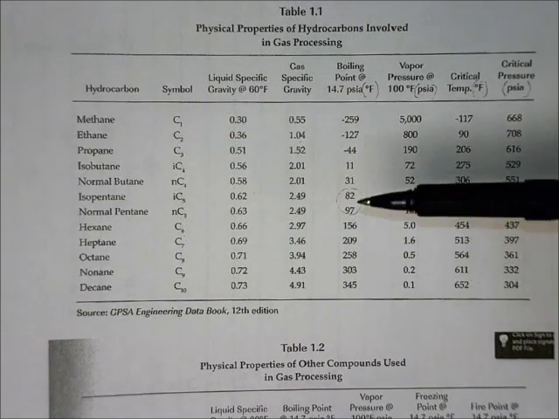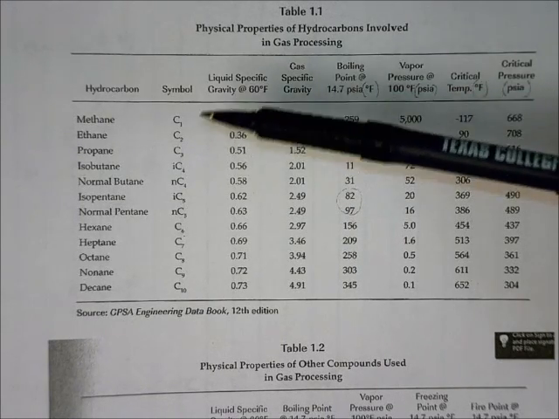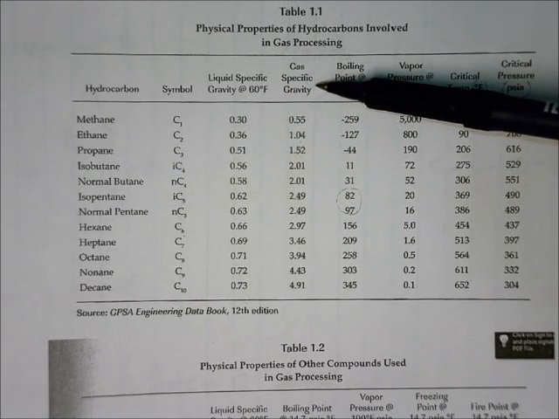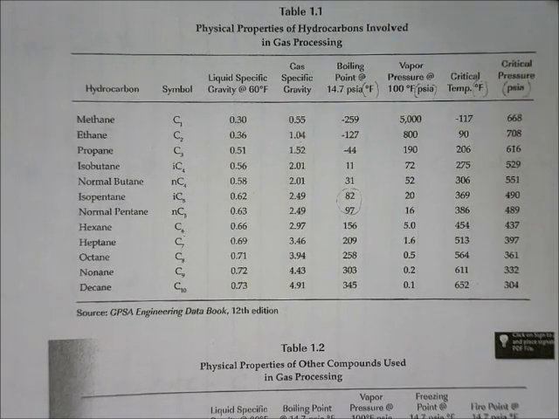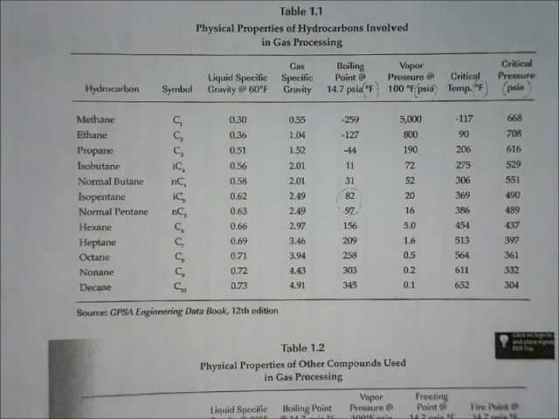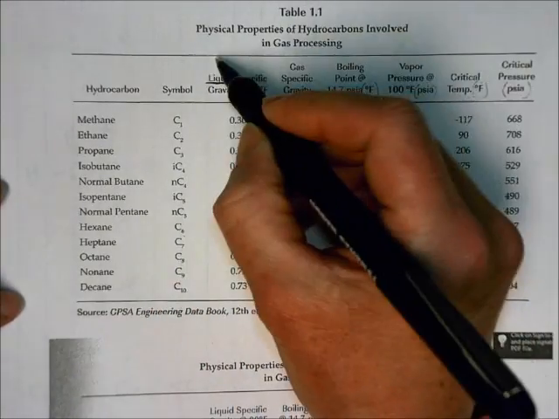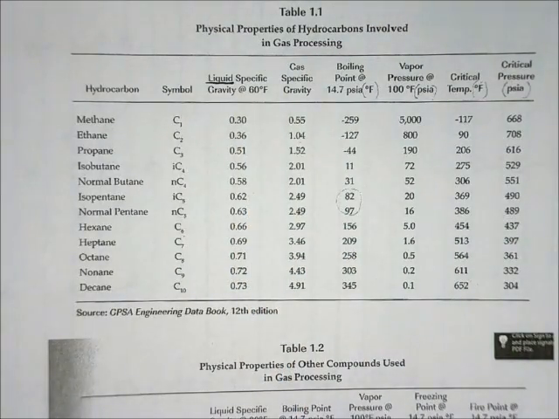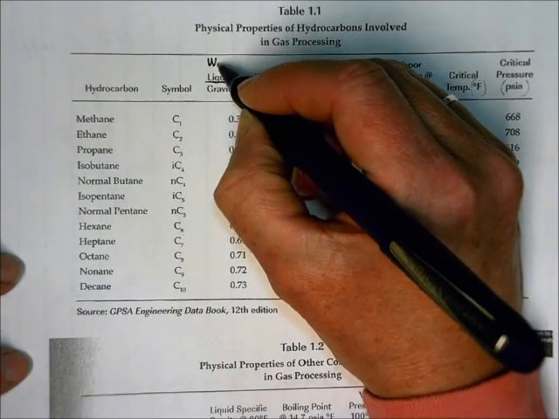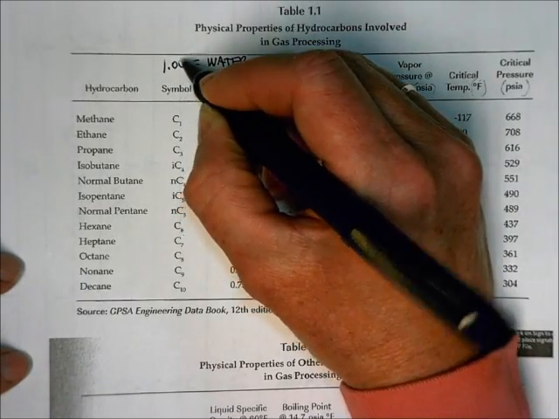Now, another thing we want to point out here is the specific gravity of gas. You have specific gravity of liquid and specific gravity of gas. Specific gravity refers to a reference. It's comparing it to something else, and in both cases, it's comparing it to a common material. When it's liquid, we compare the density of the liquid to the density of water, and the specific gravity of water is 1.